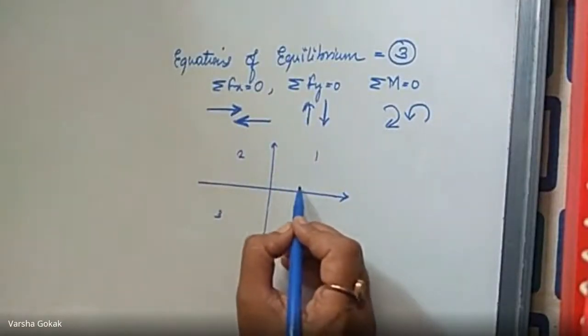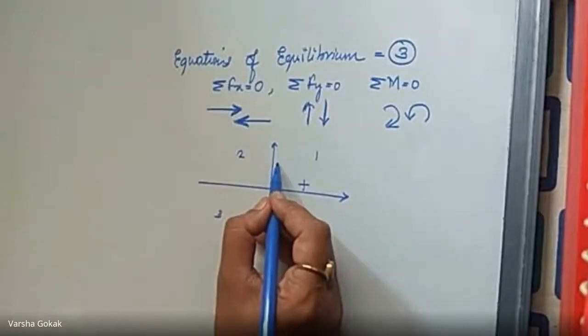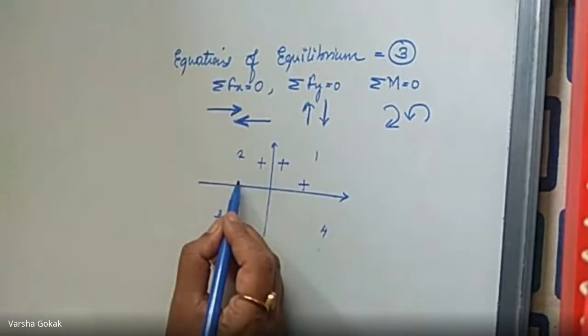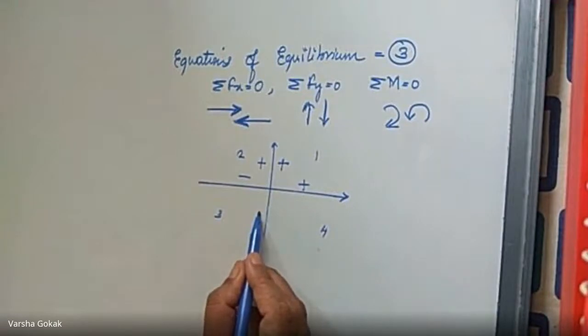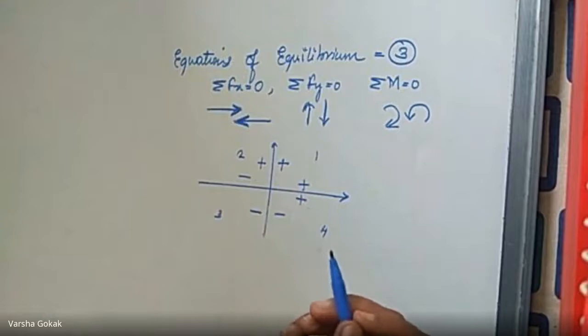Here x is positive, and y is positive. This side also y is positive. What about x over here? Negative. And y over here? Negative. And this is also negative, and this is going to be positive.